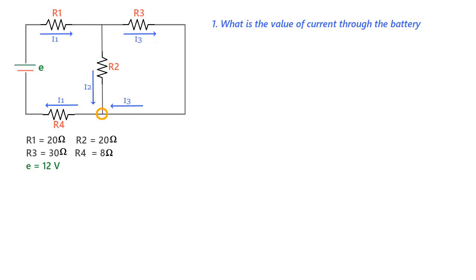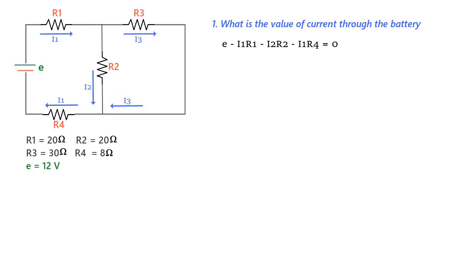After this, we could have then used the left loop to solve the problem, and the equation we would have got is E minus I1 R1 minus I2 R2 minus I1 R4 is equal to 0. But then you can see this equation has two unknowns, and we will need one more equation to solve the problem. So we may take the right loop to generate one more equation, but you might pause to realize that there is an easier way to solve this problem.